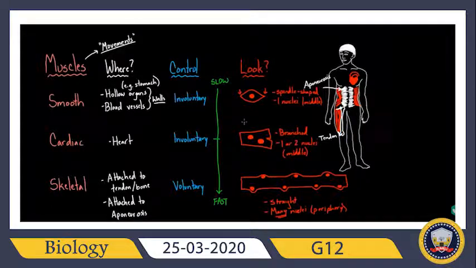Now, kind of a final point is that if you were to look at these under a microscope, and this is something that was noticed a long time ago, they would look something like this. And this is called striated. So they basically have these striations, but notice that the smooth muscle cells don't have this. It's really just the skeletal muscle and the cardiac muscle that have these striations.